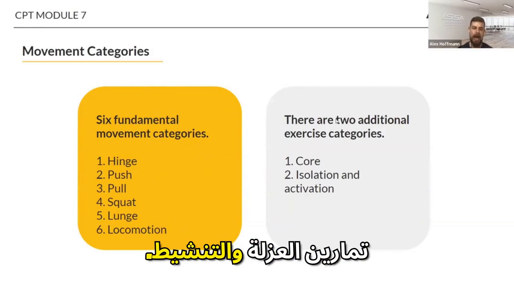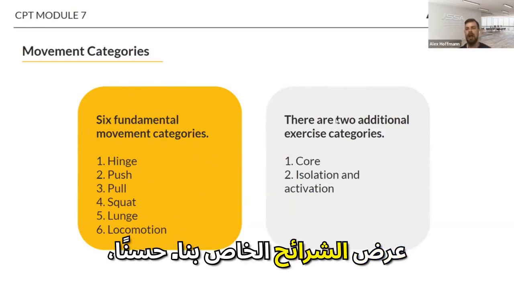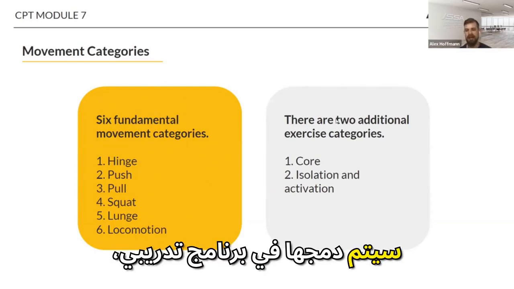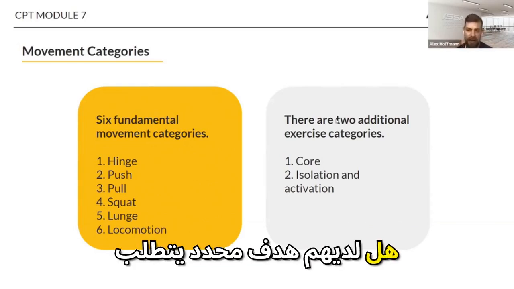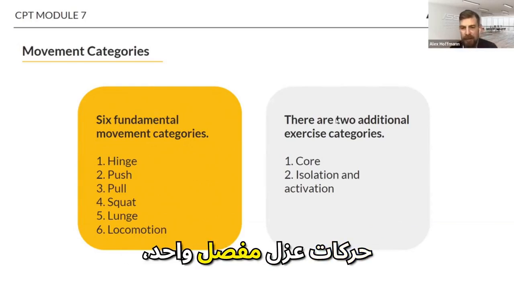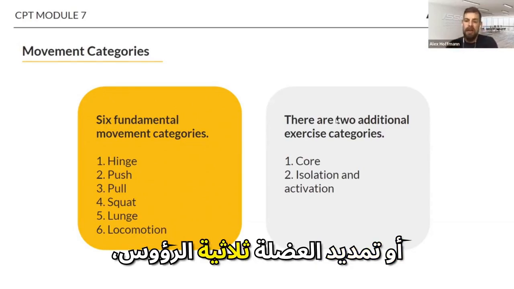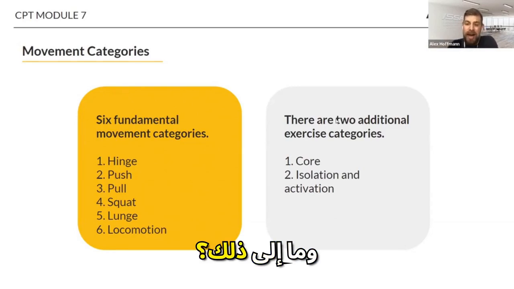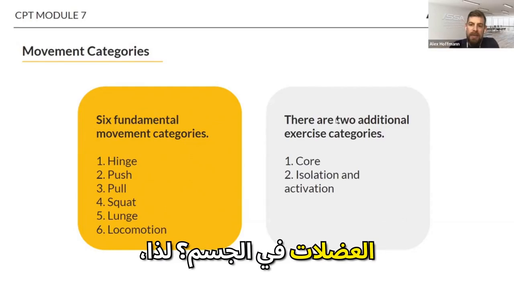Isolation and activation exercises, we'll talk about those towards the end of our slide deck. Those are going to be incorporated into a training program, really dependent on what the client's needs are. So do they have a specific goal that requires single joint isolation movements, such as a bicep curl, leg extension, tricep extension, etc.? Or do they have a severe musculature imbalance in the body?